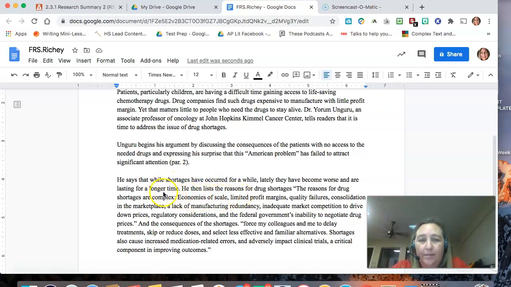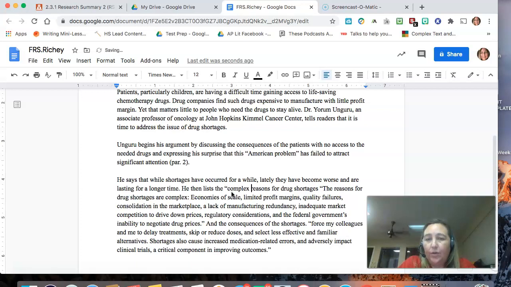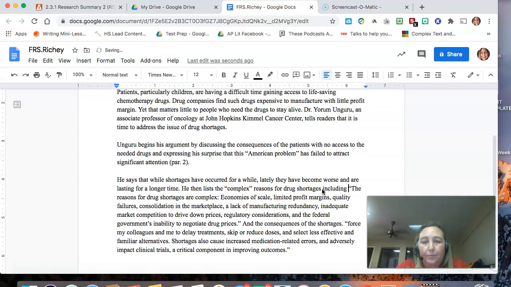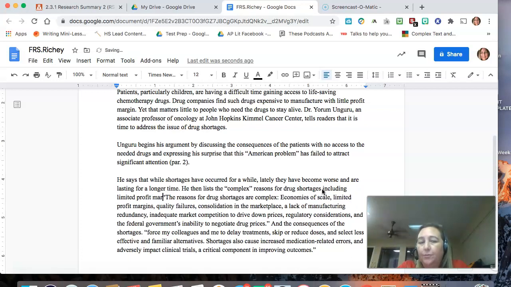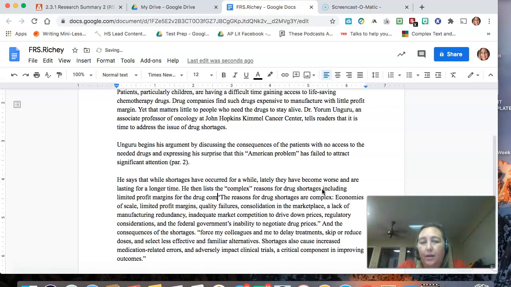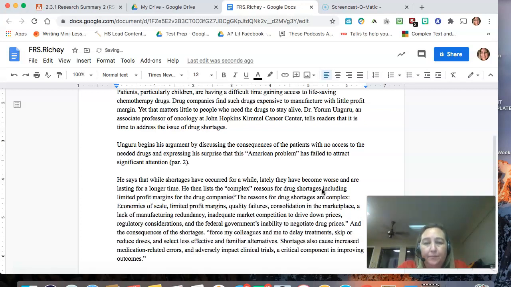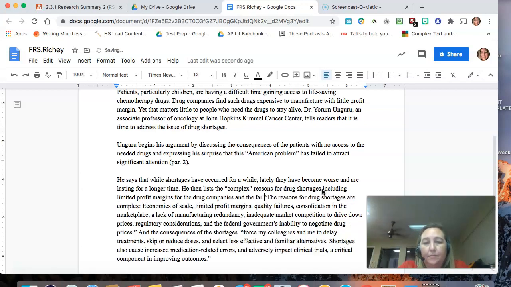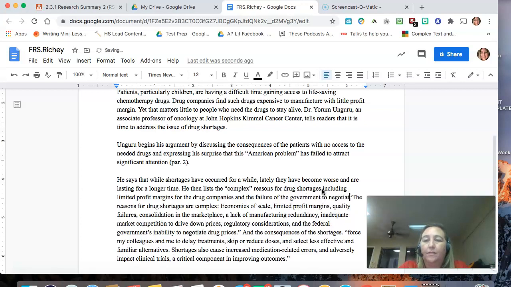These are complex reasons. He then lists, I'm just going to add that word right there, complex reasons for the drug shortages, including limited profit margins for the drug companies, the failure of the government to negotiate drug prices.